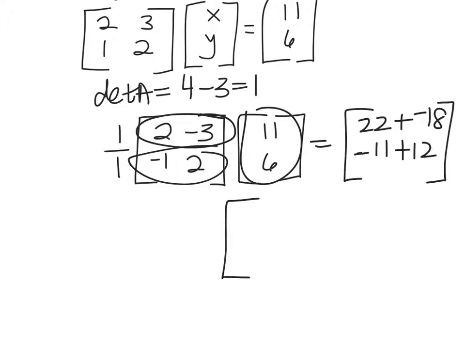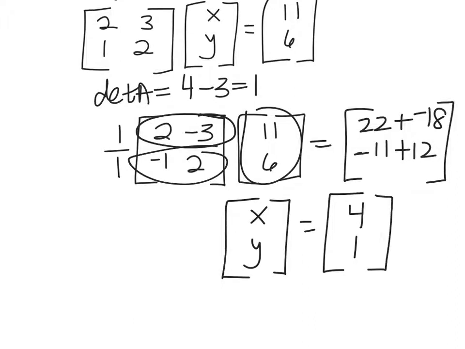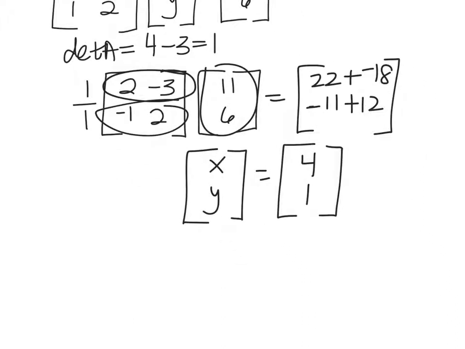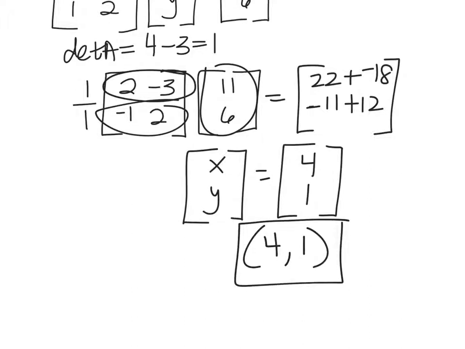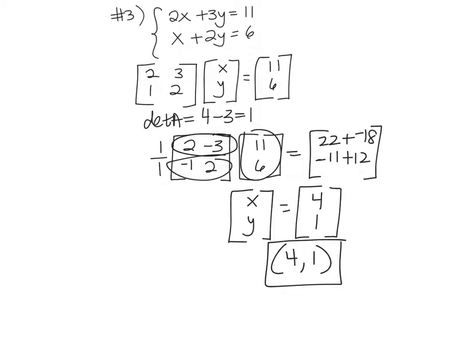We're solving for X and Y. 22 plus -18 is 4. And -11 plus 12 is 1. So our answer is the point 4, 1. That's where those two lines intersect. They intersect at 4, 1 on a graph, if you were to graph them. Isn't that cool? You can use matrices to solve that system.